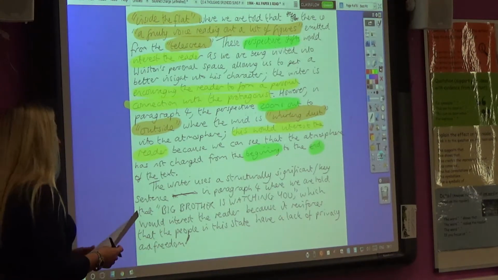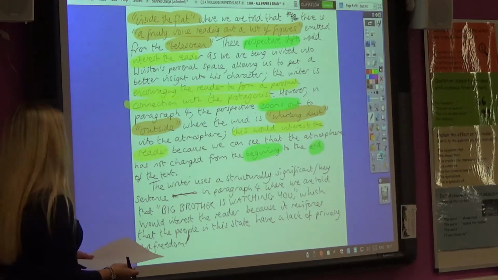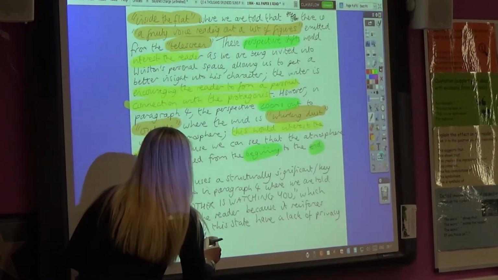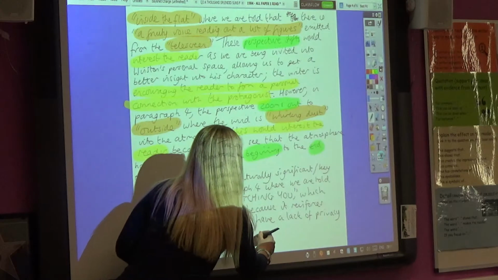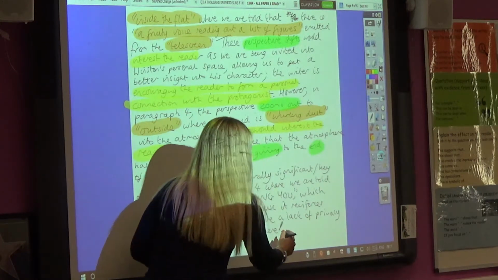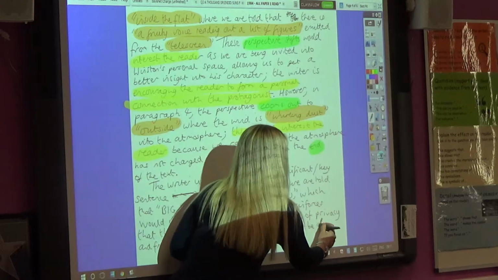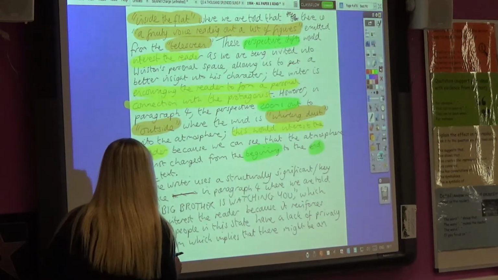Rebel. Okay, good. So would that normally be an exciting bit of a novel? Good. So in this state, I have a lack of privacy and freedom, which implies that, now we don't know for definite, but there might be an exciting rebellion later in the novel.